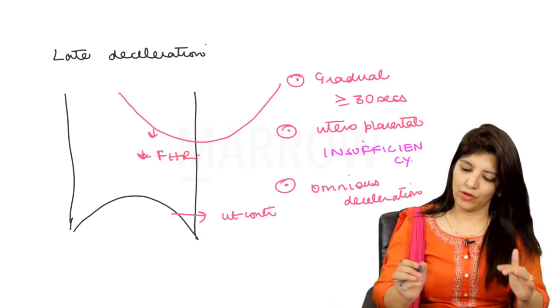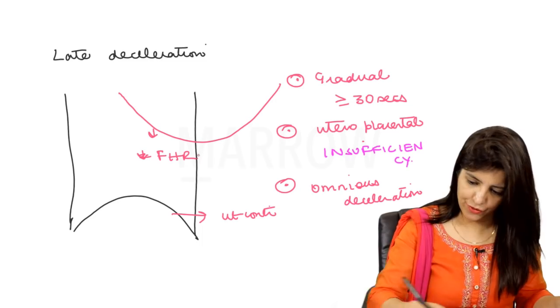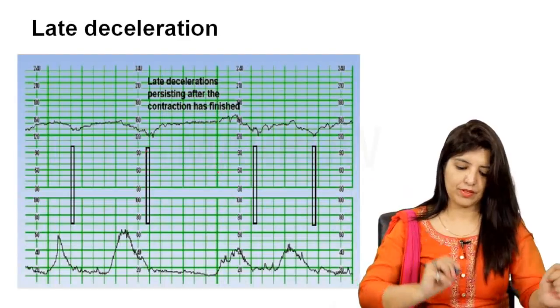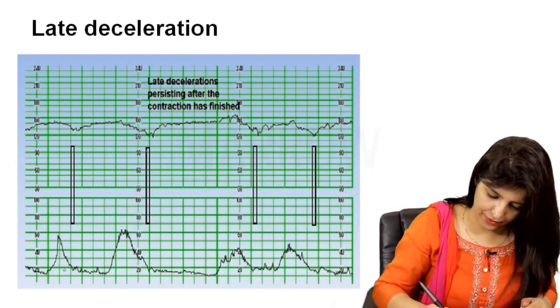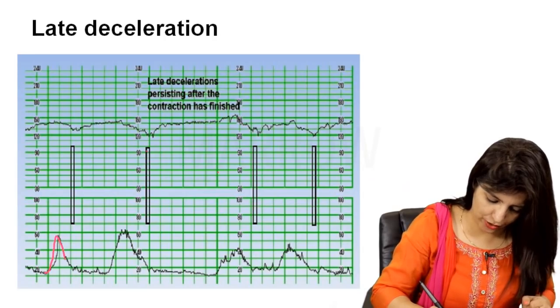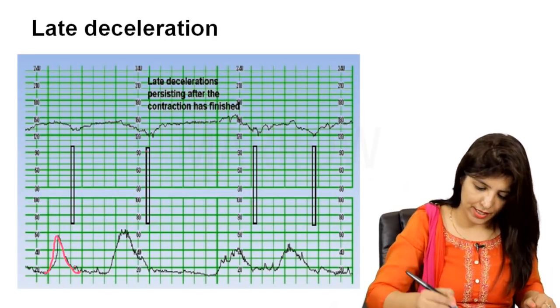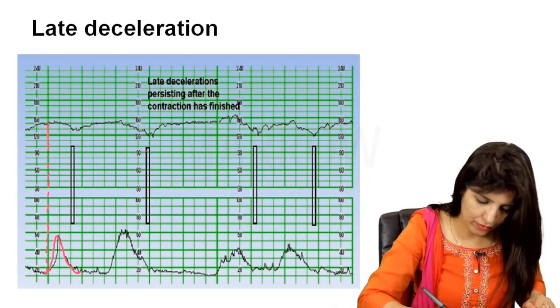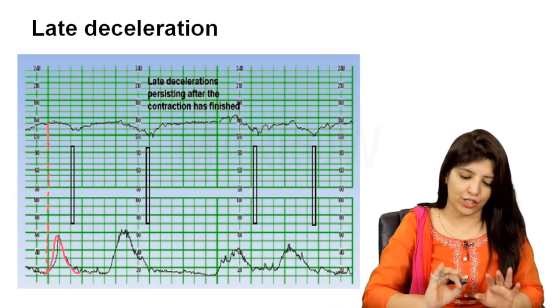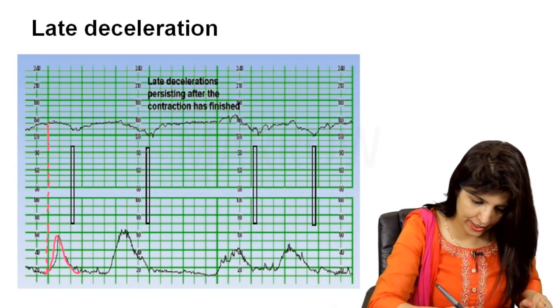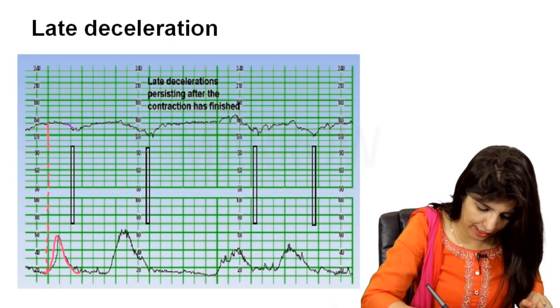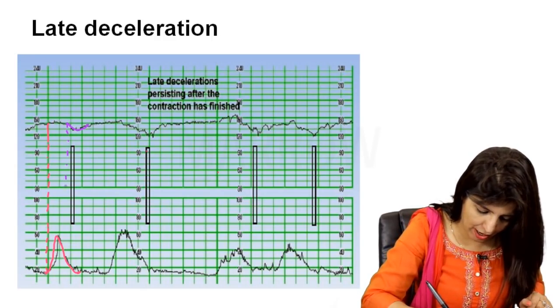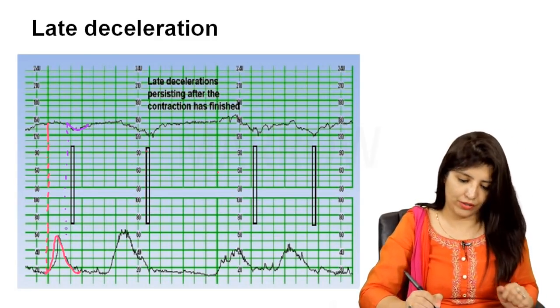Clear? Now let's look at a CTG graph showing this. See here. This is the uterine contraction, right? Now when the uterine contraction began, is there any dip in fetal heart rate? No, right? The dip in fetal heart rate is happening after the beginning of the contraction.